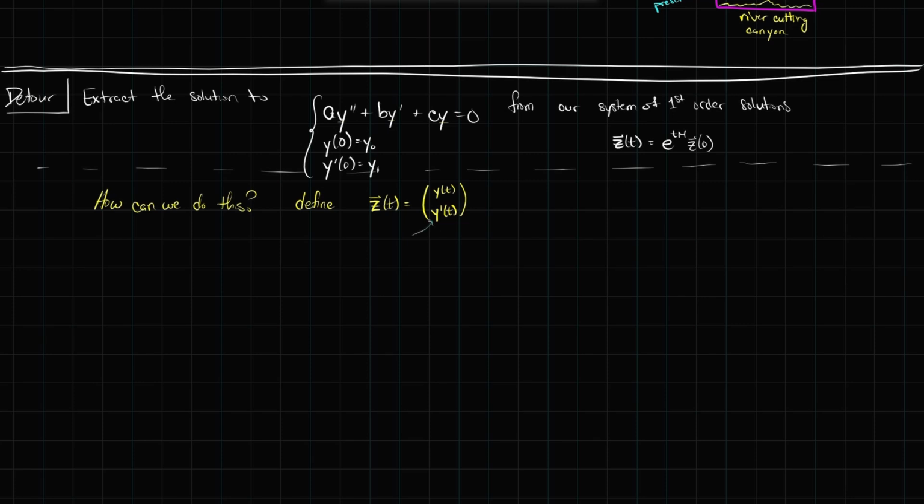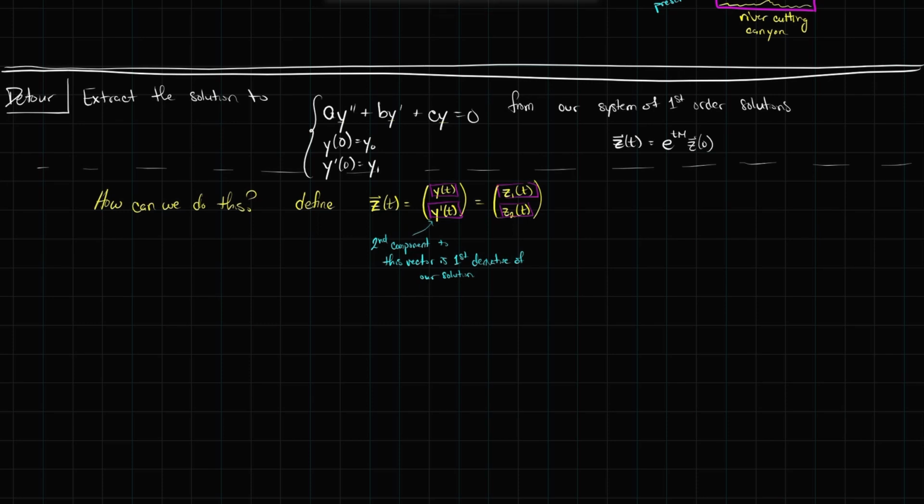So the second component of z is the first derivative of our solution, whatever our solution may be, we don't know what it is yet. I'm also going to give these the names z1 of time and z2 of time. So in some sense, I'm going to replace y with z1, and replace y prime with z2.